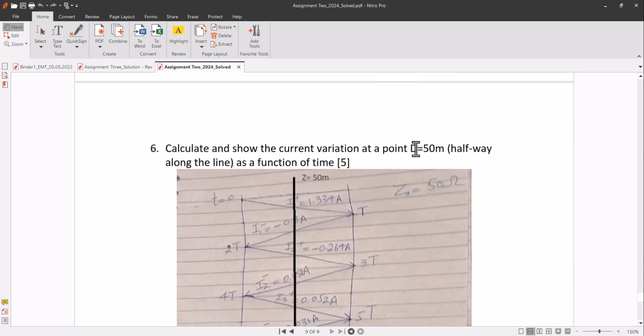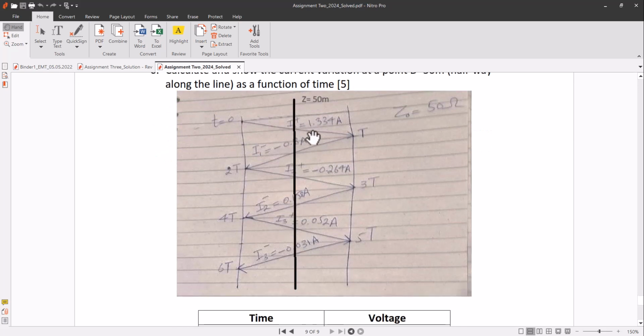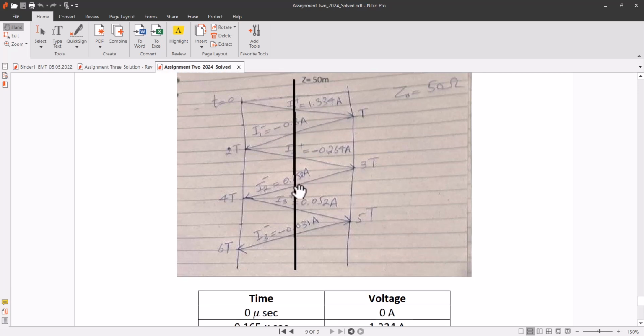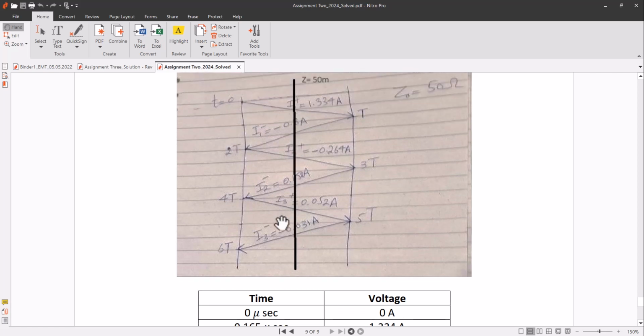Calculate and show the current variation at d equals 50. So for the current variation we will draw the line which is 50 meters, and similarly we will add up all the things here. This is 0T, and this is 0.5T. Here we have 1.334, and after 1T, that is 1.5T, we have 1.334 minus 0.8, and then at this point we will be adding these three, and at this point we will be adding the three points above, and at this point, that is 4.5T, we will be adding the above variations.